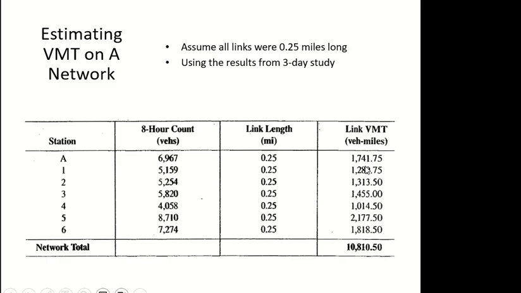The good thing about VMT is you can add it for the entire network as well. You can see I have 7 locations here, location A and 1 to 7, and they have calculated VMT for each one of them, then they add it. So this last value, 10,000 something, is the VMT of the entire network. Why is VMT used? VMT tells you how much highways are used.